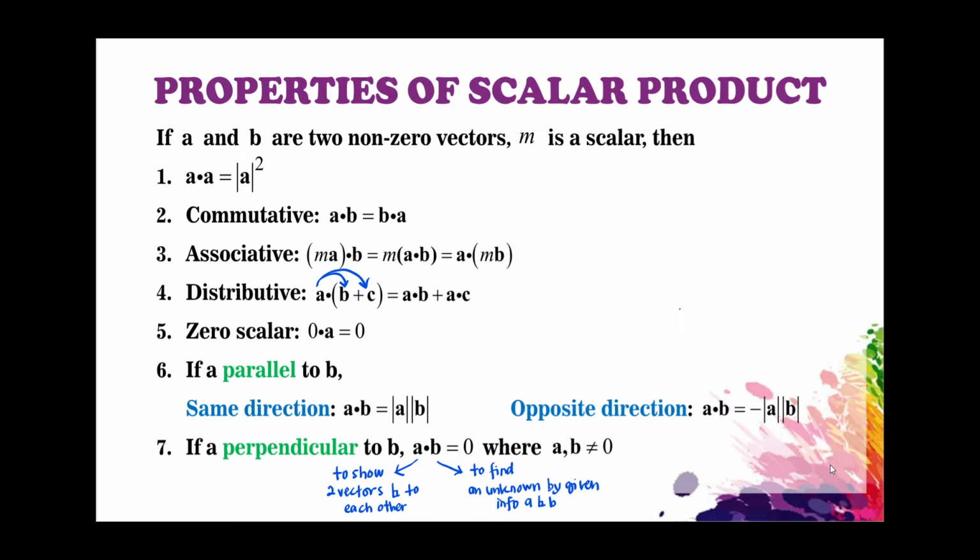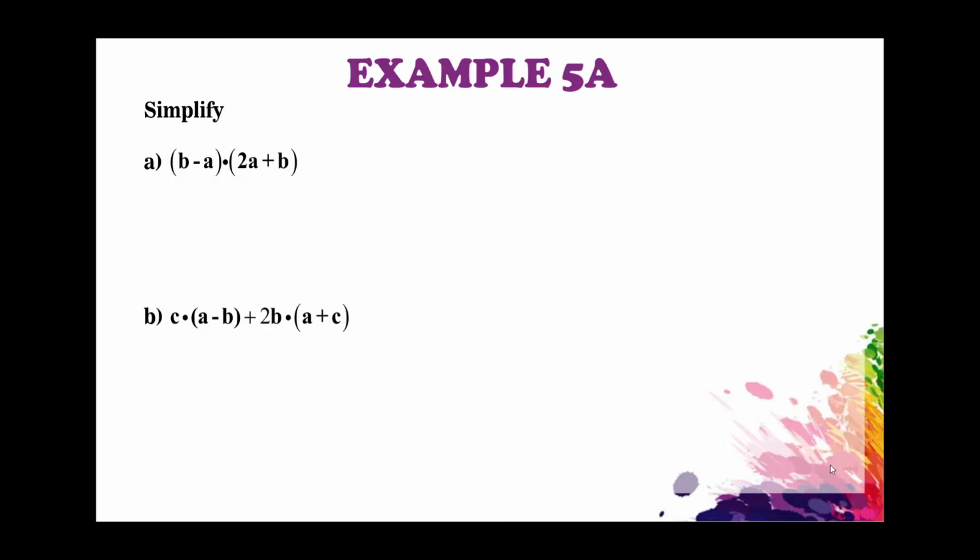And then the most important property, which is number 7, if A is perpendicular to B, we're going to have A dot B equal with 0. So usually for these properties, we will use them in order to show that two vectors are perpendicular to each other, or you will need to use it to find an unknown by given information which is A perpendicular to B. So let's try a few examples.